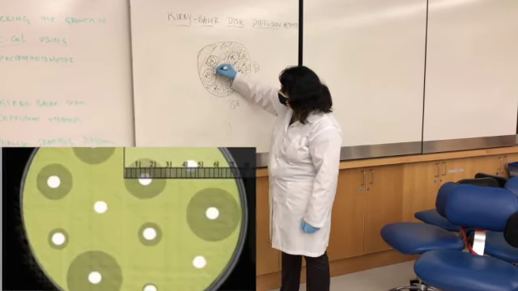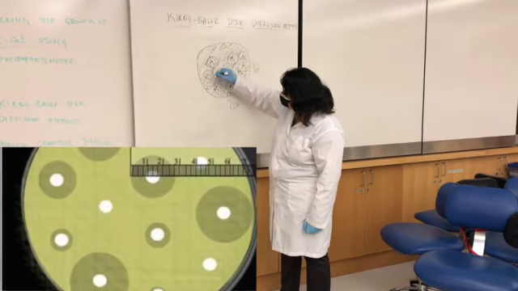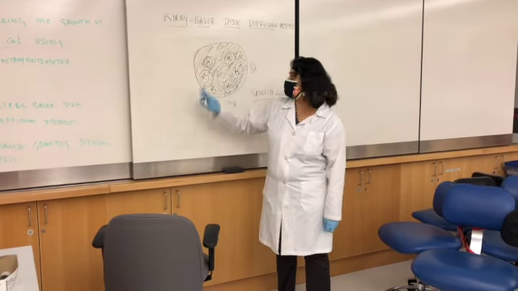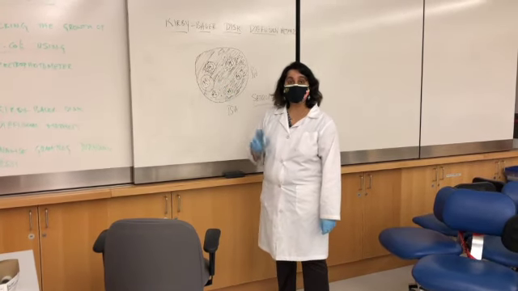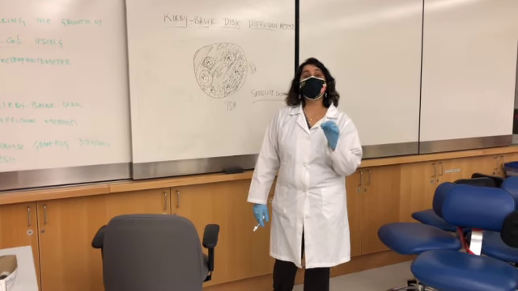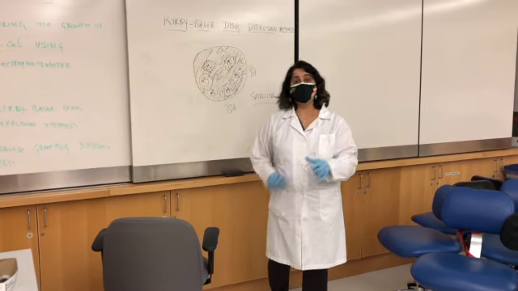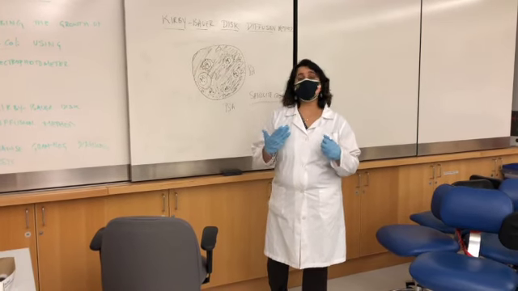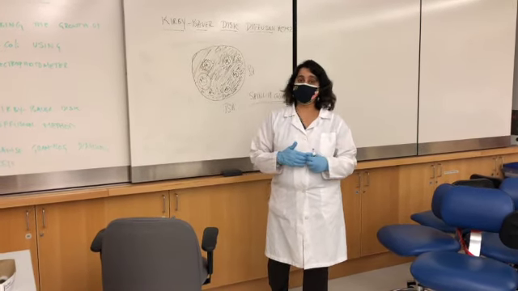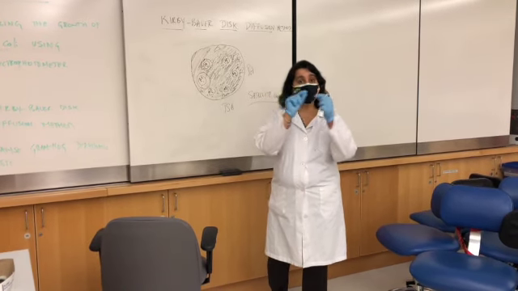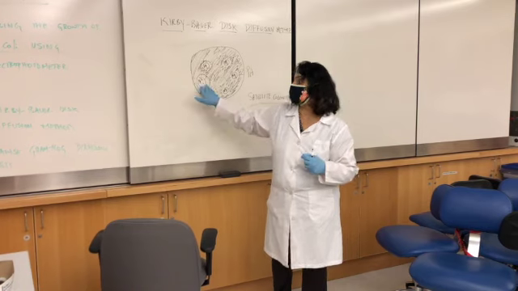You would use a ruler, measure the diameter in millimeters, and then depending on the diameter, you would decide whether that specific antibiotic is working against that bacteria or not. If you have a very small diameter, then probably that's not a good antibiotic for that bacteria. You would want to avoid that antibiotic.